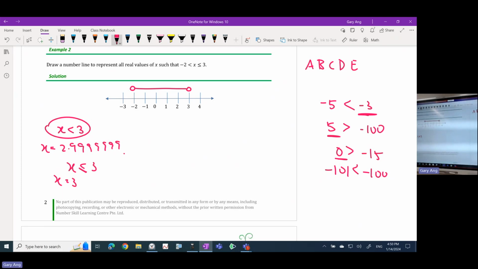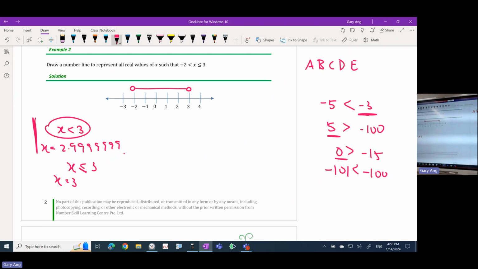In the first case, x cannot be 3 because x must be less than 3. Any number less than 3 is okay. But with the equal sign, it tells you that it can be equal to 3. Compare with this: no matter how far you go, you just cannot be equal to 3. I'm 2.999999, but I'm not 3. Too bad lah.